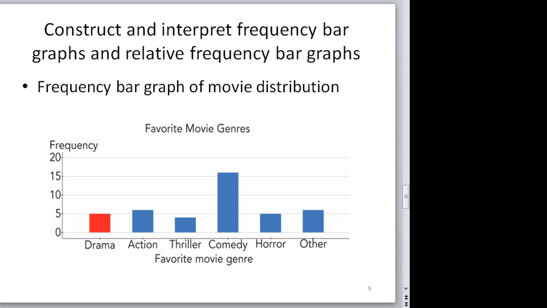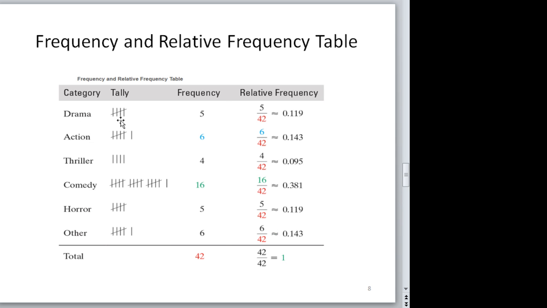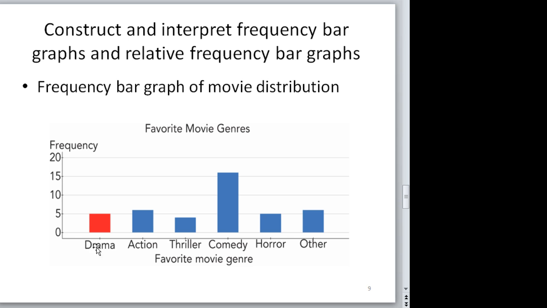For example, we know that drama had a frequency of 5, and comedy had a frequency of 16. So drama goes up to a frequency of 5, comedy goes up to a frequency of 16. You can see that it went up to 16 and so forth.